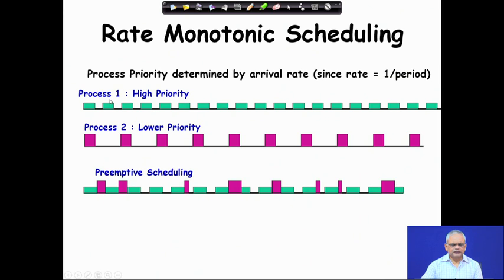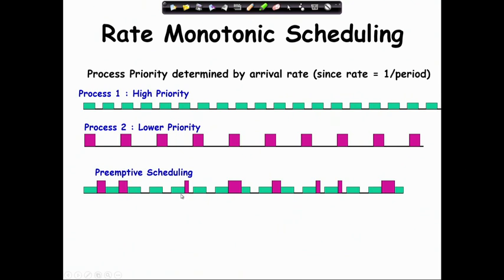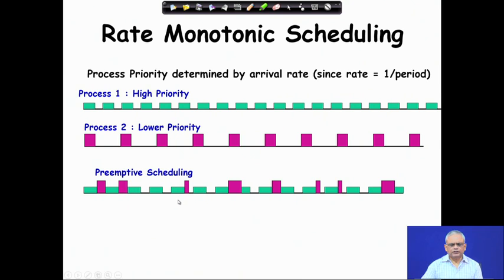Then the next instance of task 1 arrives, preempts task 2, and starts running, and as it completes, task 2 again becomes active, and so on. So, as long as there is a higher priority task, the lower priority task cannot run, and it is the higher priority task that runs. That is the main concept in rate monotonic scheduling.